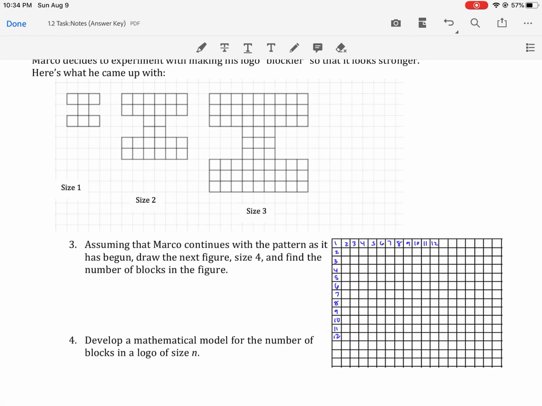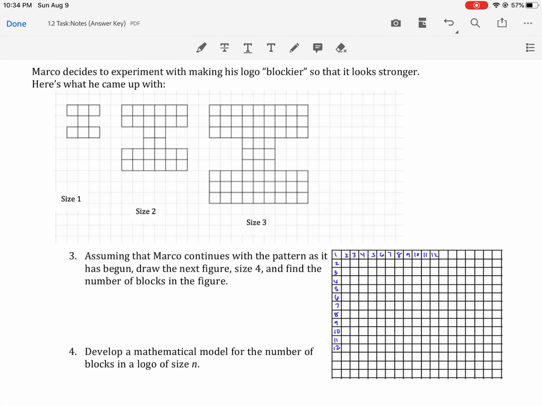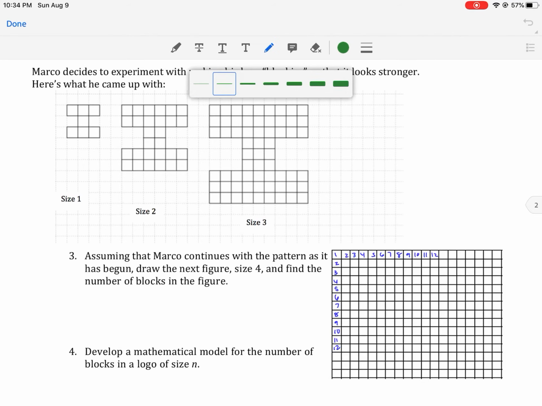So on question 3, it asks you to draw this block, and you want to find out how many blocks there were. So if we draw it over here on the right, I kind of numbered those just to keep me aware of how wide it is, but it's going 4 down, right? It's going 12 over, goes 4 down, goes 4 in on both sides, right?